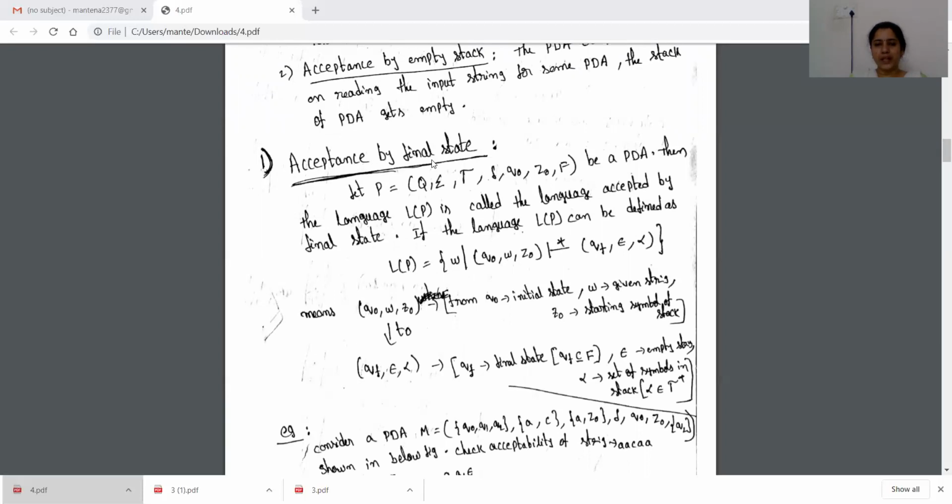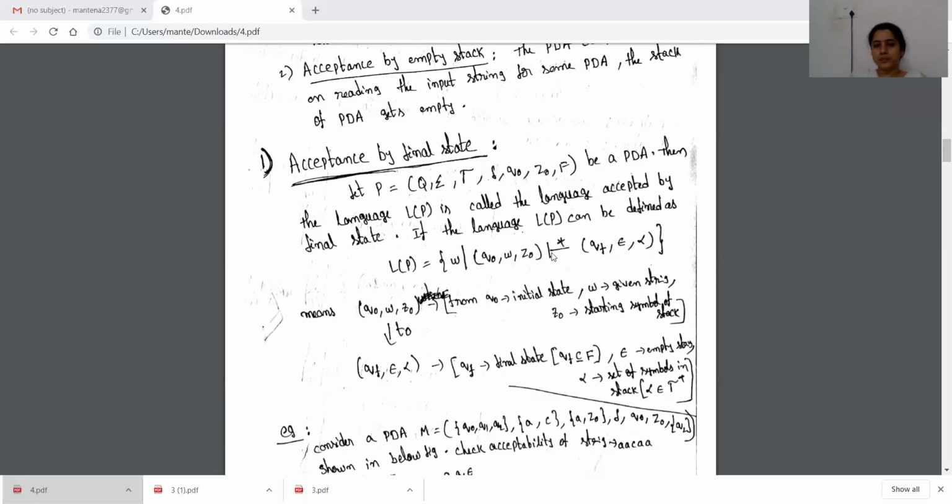Acceptance by final state is checked like this: we always start from the starting state, that means q naught, w is the input string and Z naught is the starting symbol of the stack. So from q naught, the initial state, on input string w followed by Z naught, initially we push Z naught onto the stack.